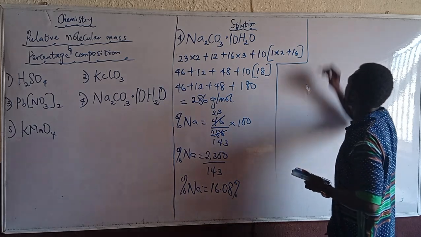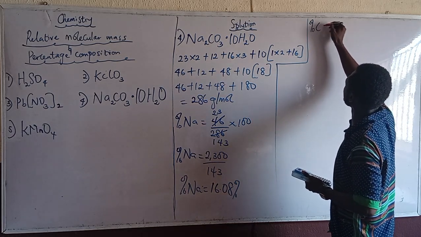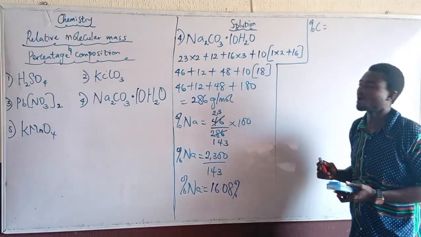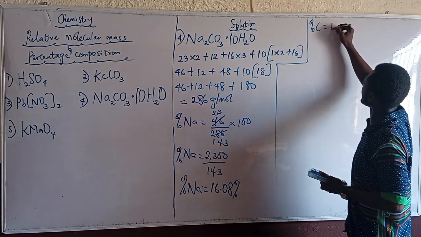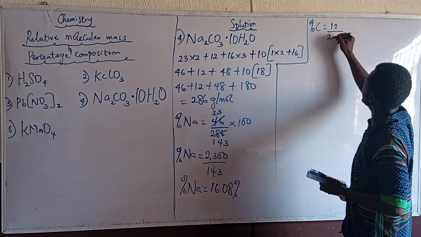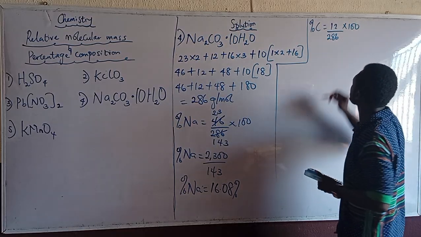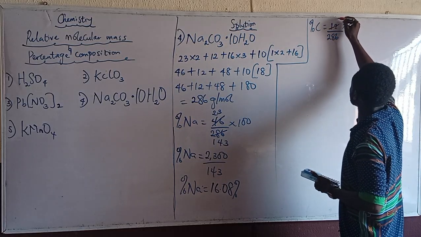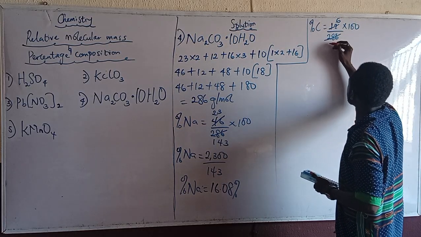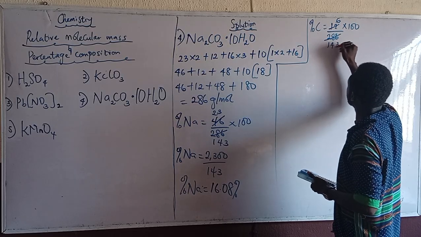So I move to carbon. Percentage composition of carbon. For carbon, it is 12 divided by 286 times 100. Dividing by 2, 12 becomes 6, and 286 becomes 143.